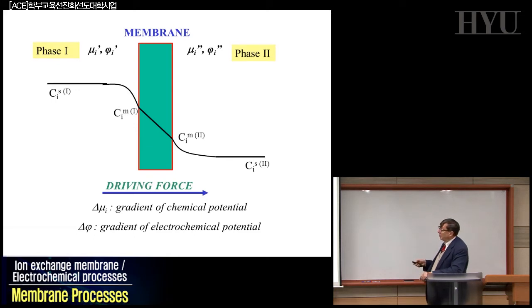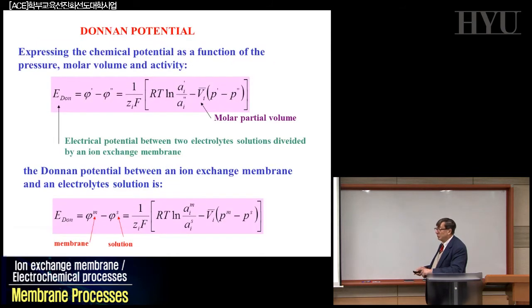The overall Donnan potential will be the difference of the Donnan potential on one side of your membrane and on the other side. At the interface, we will have the Donnan potential between different concentrations of the single ions in the membrane phase and in the solution. So what we call the Donnan potential here is the difference between the solution on the feed side and the solution on the permeate side.